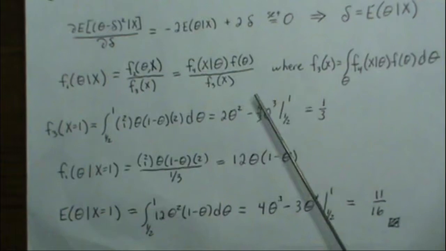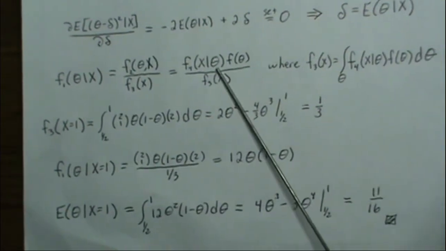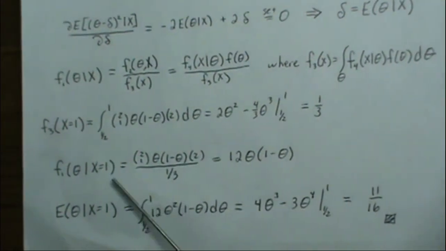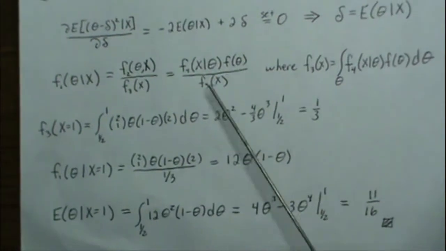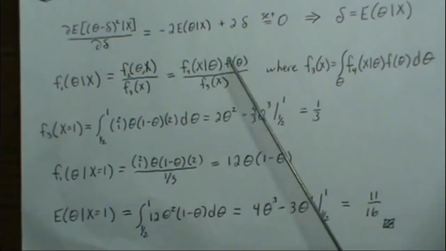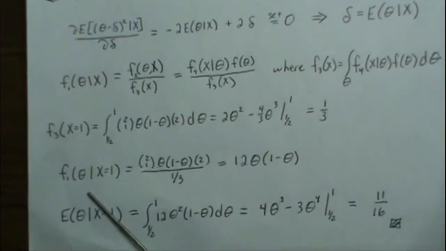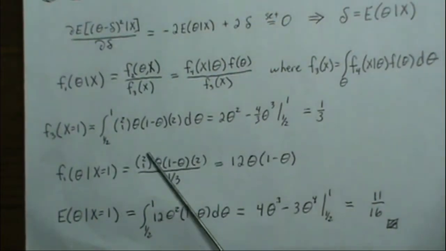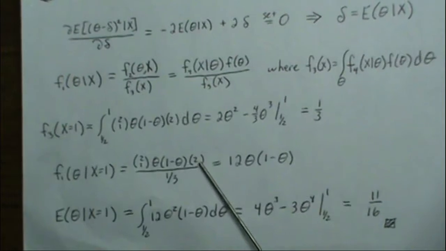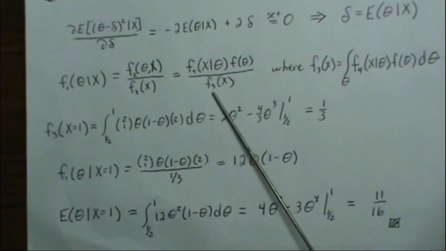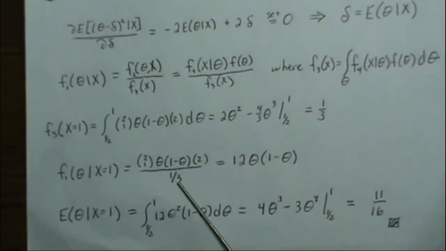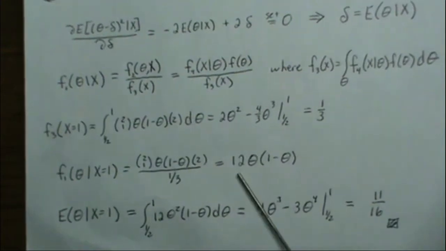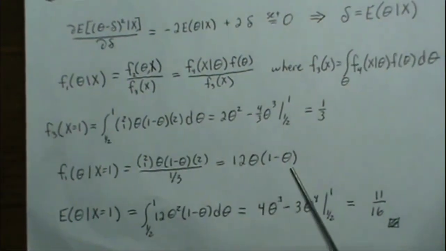So now we want to find the full density, and we're given all these pieces now. We've found this, we're given that, we're given this. So f of theta given 1 is, well, we have the binomial piece here, and then the prior, and then f3, which is 1/3, and then this simplifies to 12 theta times 1 minus theta.